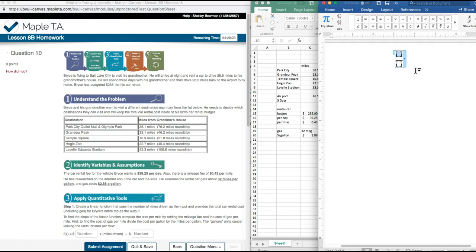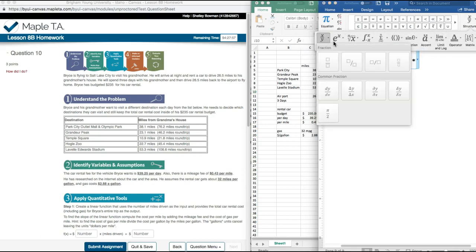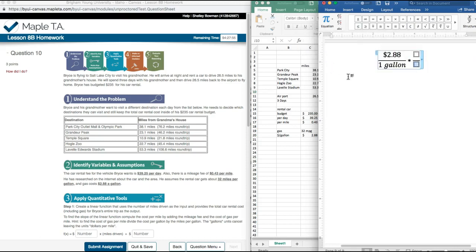So I want $2.88. It was $2.88 per gallon. So per means divide per. Sorry about that. It pauses every time I type in A. Okay, so cost per gallon. And then I need to times by the next one, which is, I need another one of these in here for my conversion.